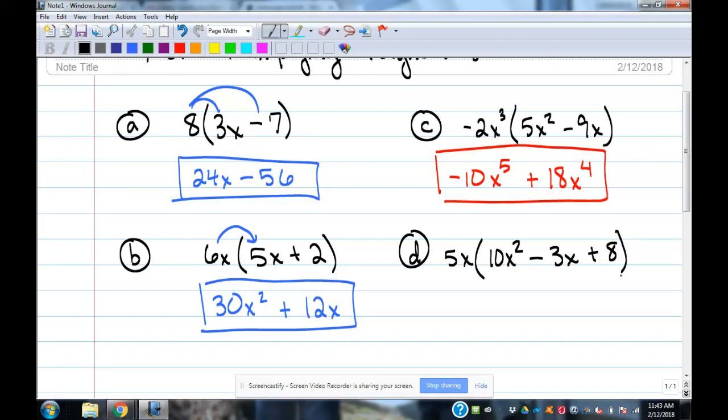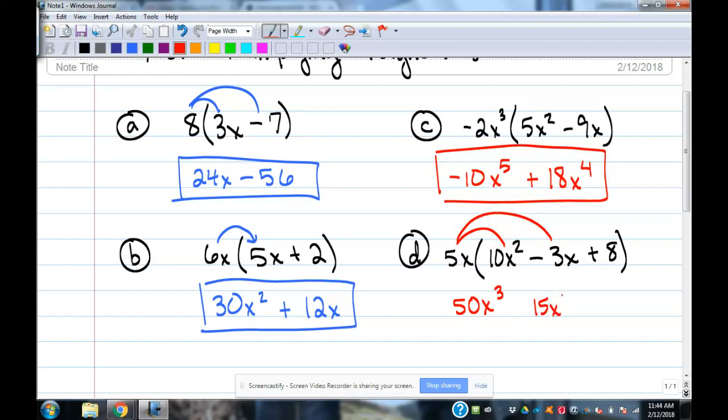Still distributive property. How many things are we distributing 5x to? 3. Everything that's in the parentheses after it, that's what we're distributing. So we're saying 5x times 10x squared, 50x to the third, and then 5x times a -3x.